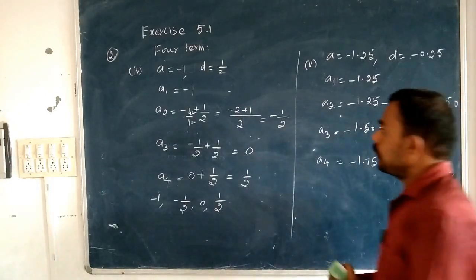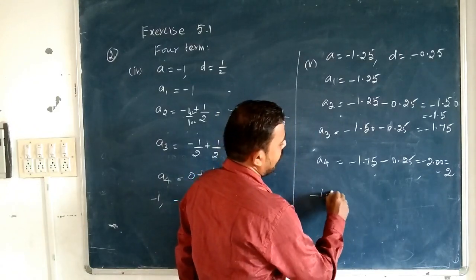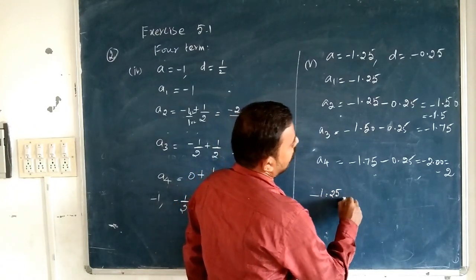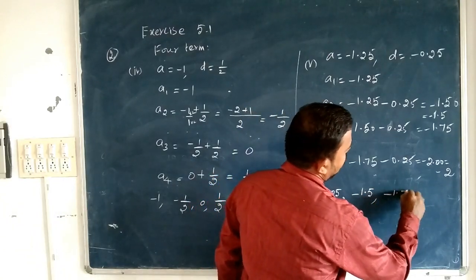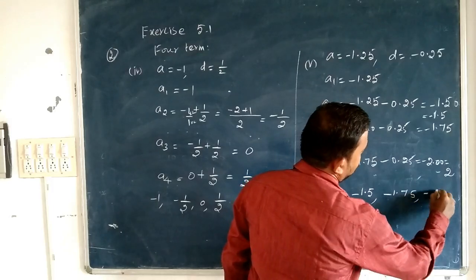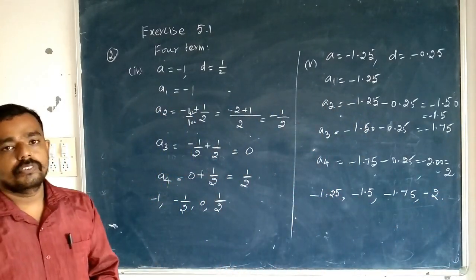So the AP's first four terms are minus 1.25, minus 1.5, minus 1.75, minus 2. So this is the first four terms of this AP.